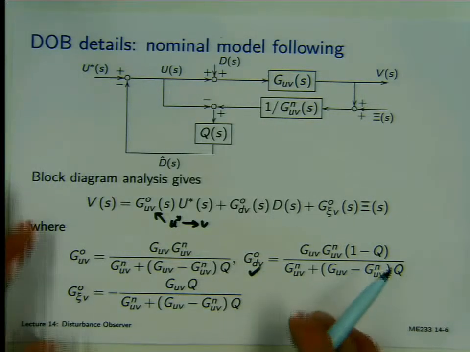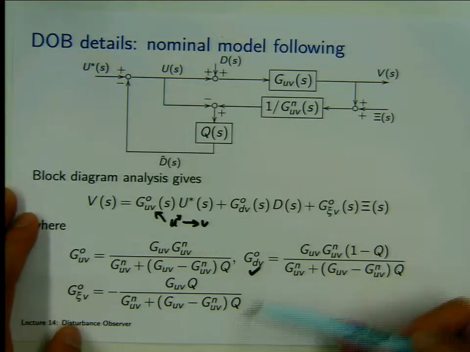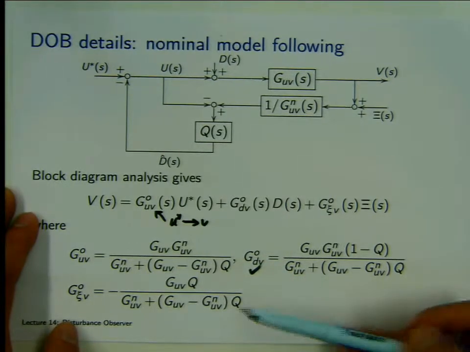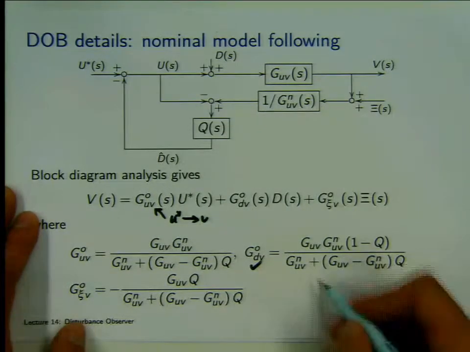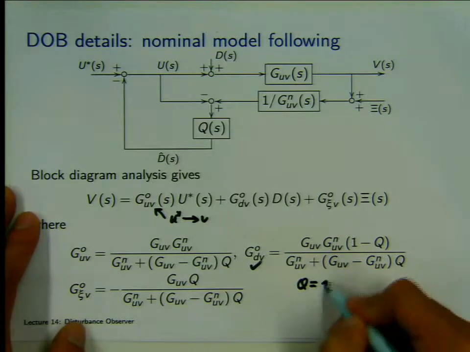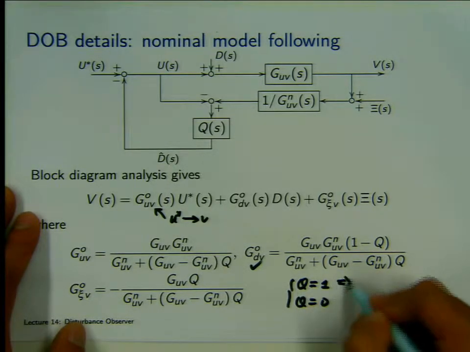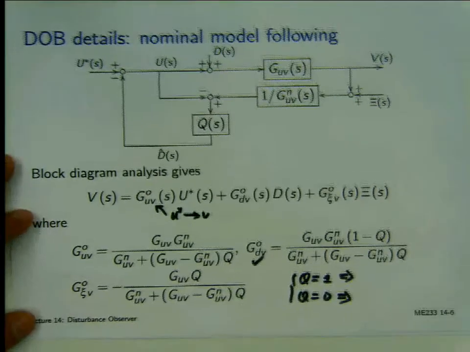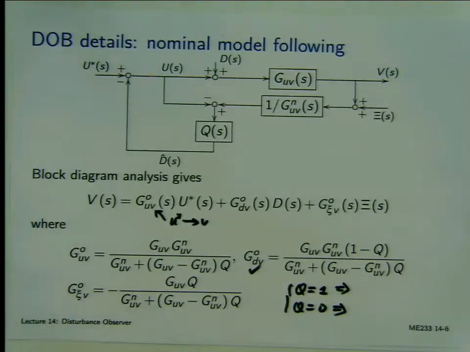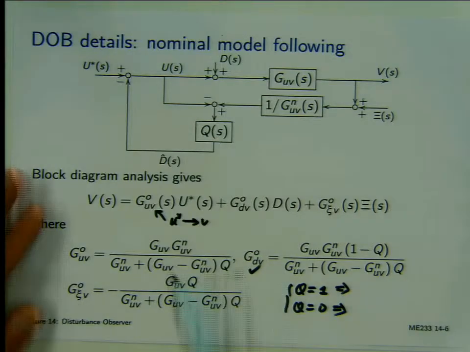What's interesting now is analyzing the situations. Look at this transfer function and see. Last time we discussed what happens when Q is approximately 1 and when Q is approximately 0. Let's take a look at this more rigorously. Last time we did the block diagram intuitions. Now look at these transfer functions.